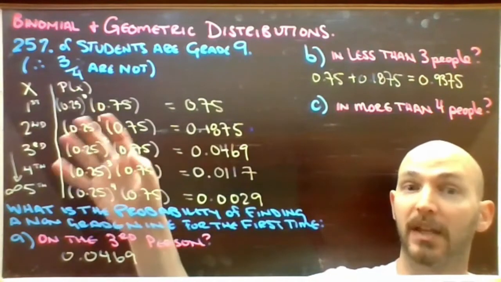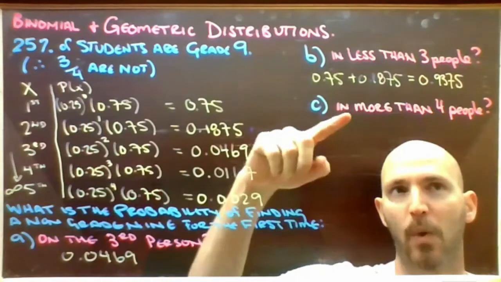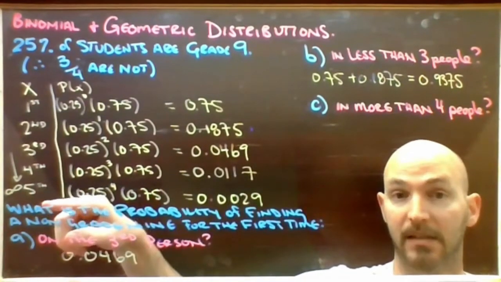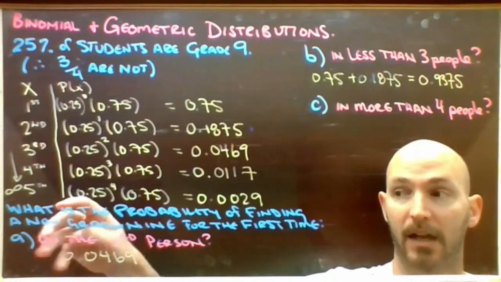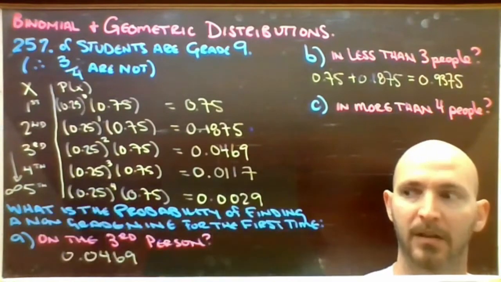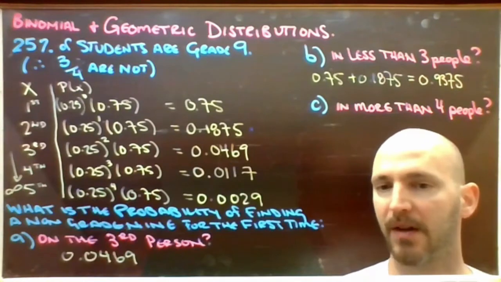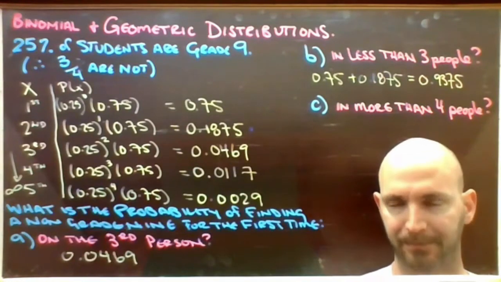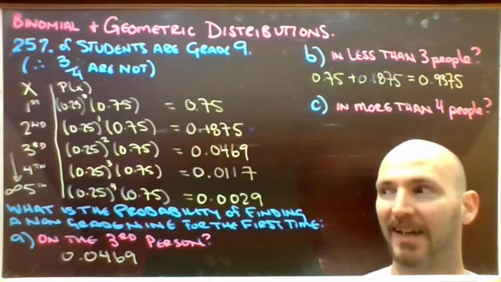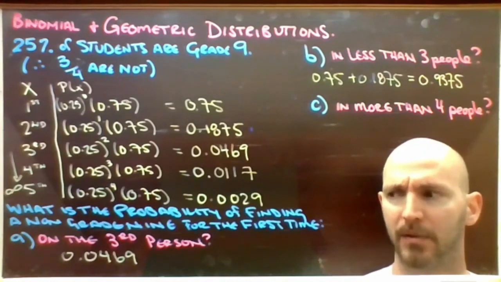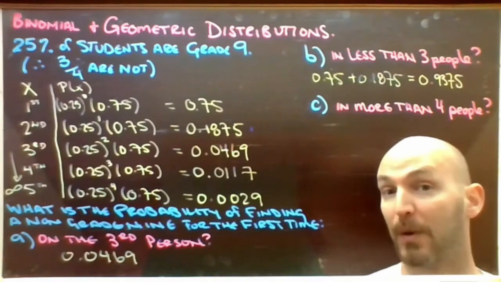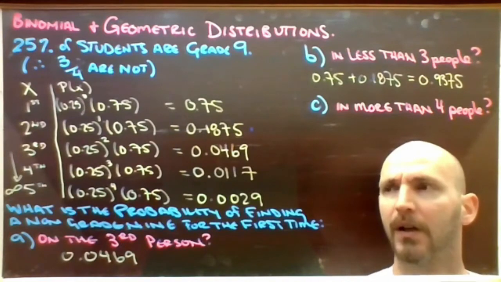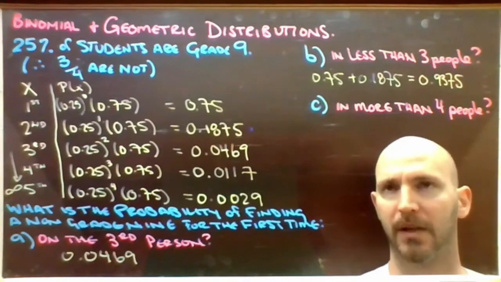Now that's a tricky one for this table, because more than 4 would be this row, and the 6th, and the 7th, and the 8th, and the 9th, which I've erased. But it also includes the 10th, 11th, 12th, 13th, etc., all the way to infinity. That's no good, because I don't want to make an infinitely long table. We've said this before. You have better things to do with your day than write this table forever. So we're going to be a little tactical about it.